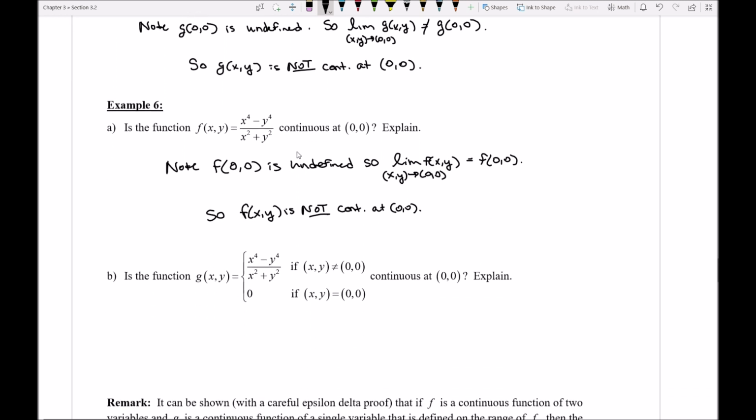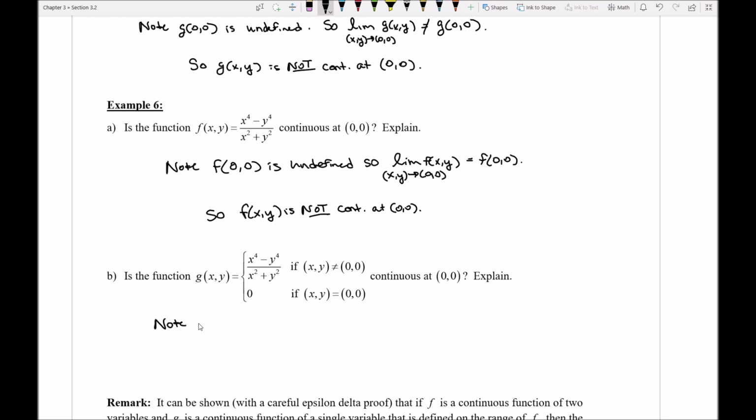That's almost a carbon copy of what we had seen back in part C. But now take a look at part B. I'm going to redefine the function here and do a piecewise function. Let's imagine we're going to use the top formula every time that (x,y) is not (0,0), and we will use the bottom formula whenever (x,y) is (0,0). So this tells you what formula you use to get your z coordinate. All right, let's see what happens here.